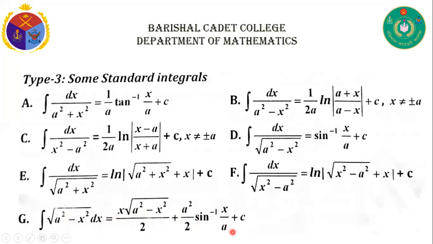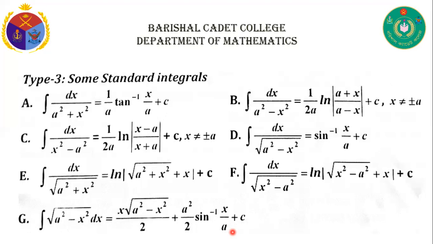Boys, here the first four, that is A, B, C, D, are important for our board examination, or basic. You are going to derive these integrations in your exam hall, but E, F, and G are different, so you have to be careful about these three formulas.